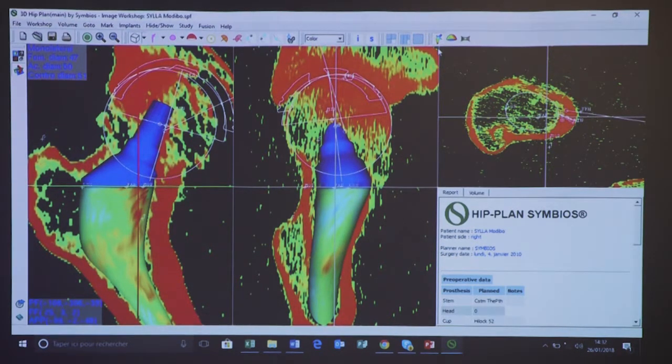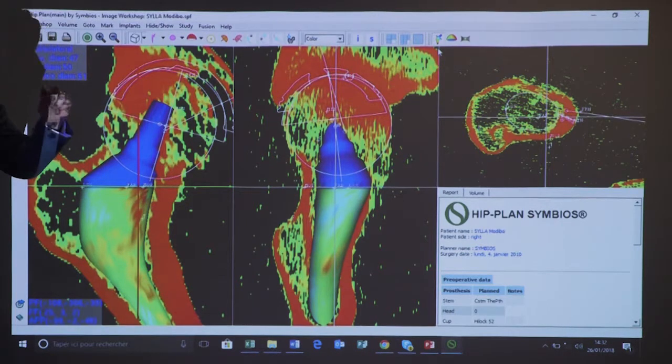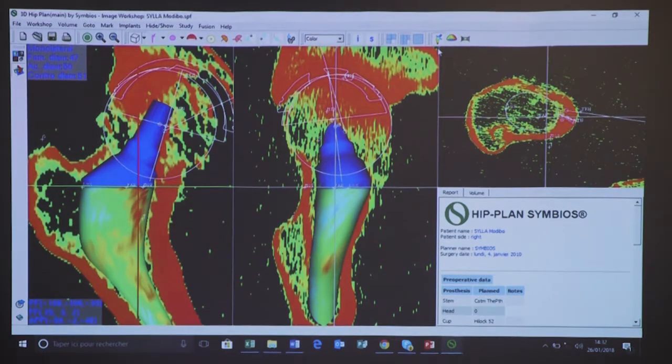anteversion restoration. Because in my experience, the best results in young patients are when we manage to balance the external rotation and the internal rotation. And it's very difficult to assess at the time of surgery. This is why now I'm stopping using the traction table for the direct anterior approach, and I'm using a standard table, because on the traction table we're not able to test correctly the edge loading.